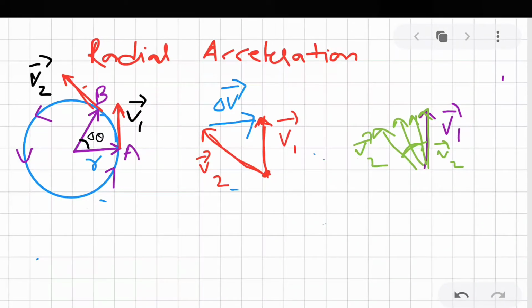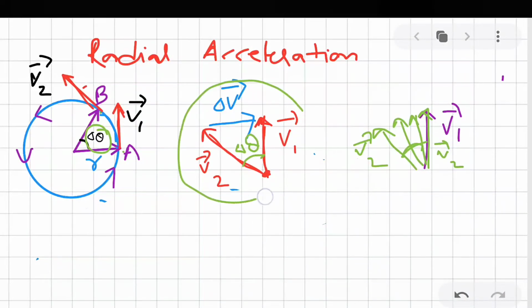It increases at the same rate as this angle. As B moves away from A, this delta theta also increases. So the angle between V1 and V2 should also be equal to delta theta.